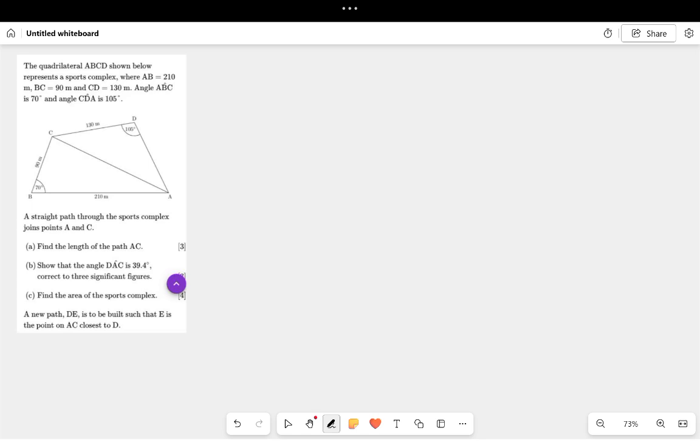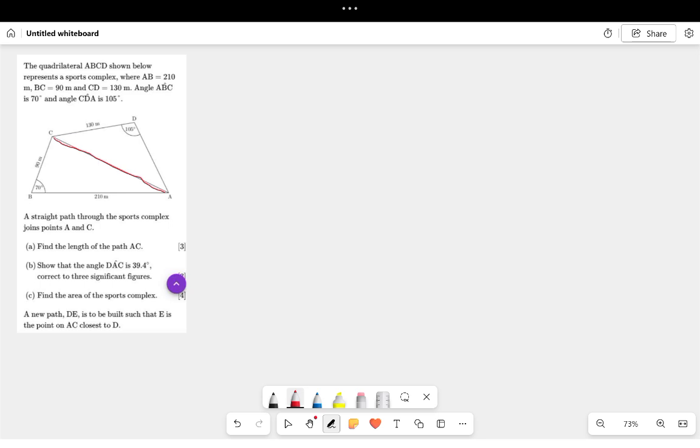Find the length AC. So this is the length AC from here all the way. Now for us to work out length AC, we are going to use triangle ABC, and that is what is going to guide us to get the solution.